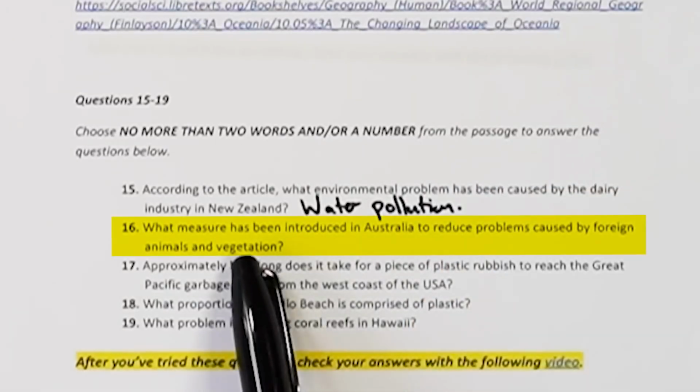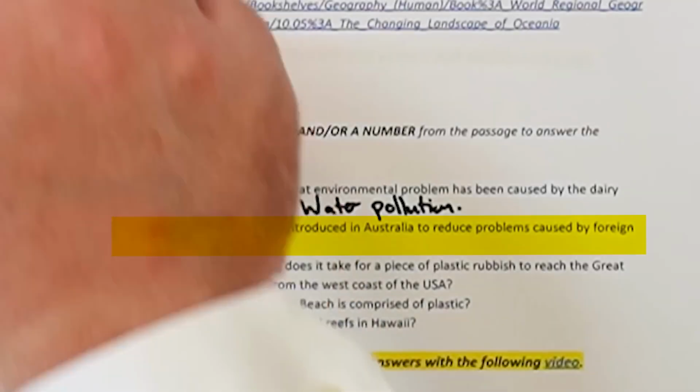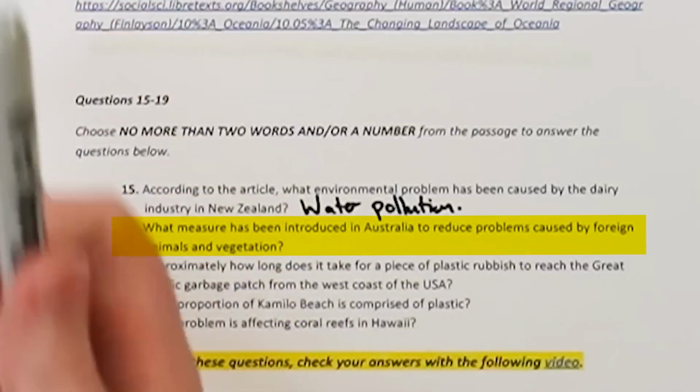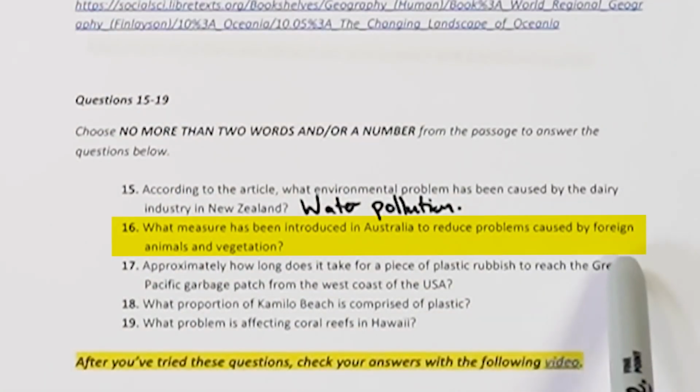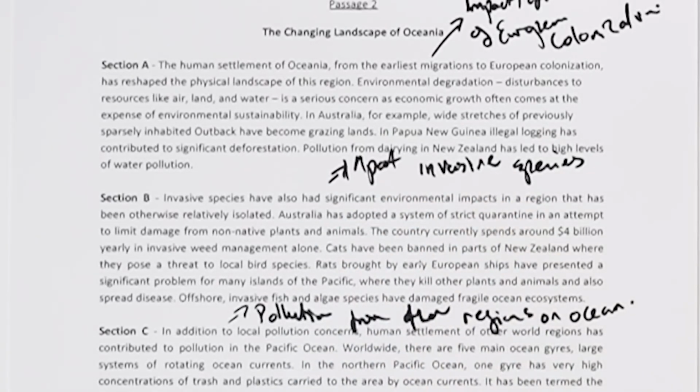What measure has been introduced in Australia to reduce problems caused by foreign animals and vegetation? So remember, we created our own headings, and it's talking about foreign animals. We talked about invasive species here. So again, it's much easier to find the correct answer, because we can go up here. Okay, find Australia here.